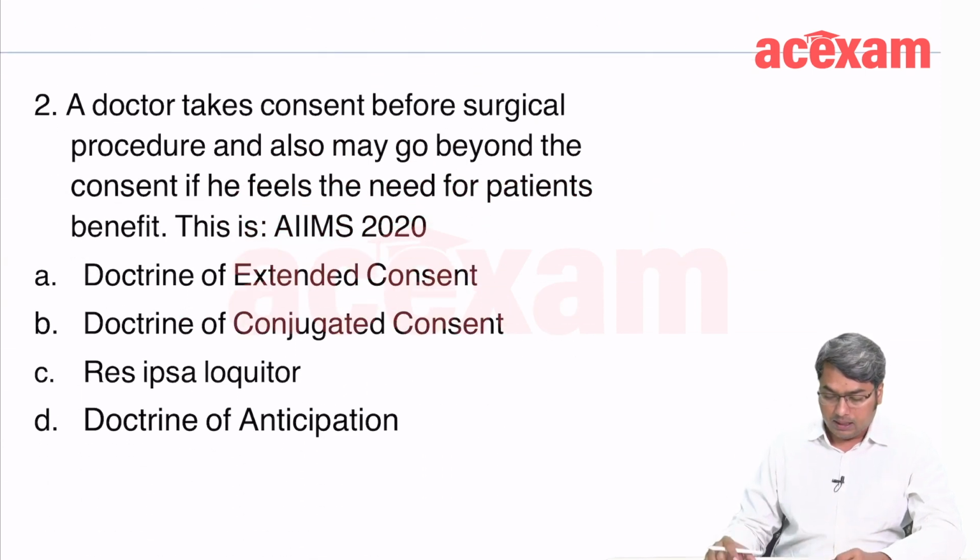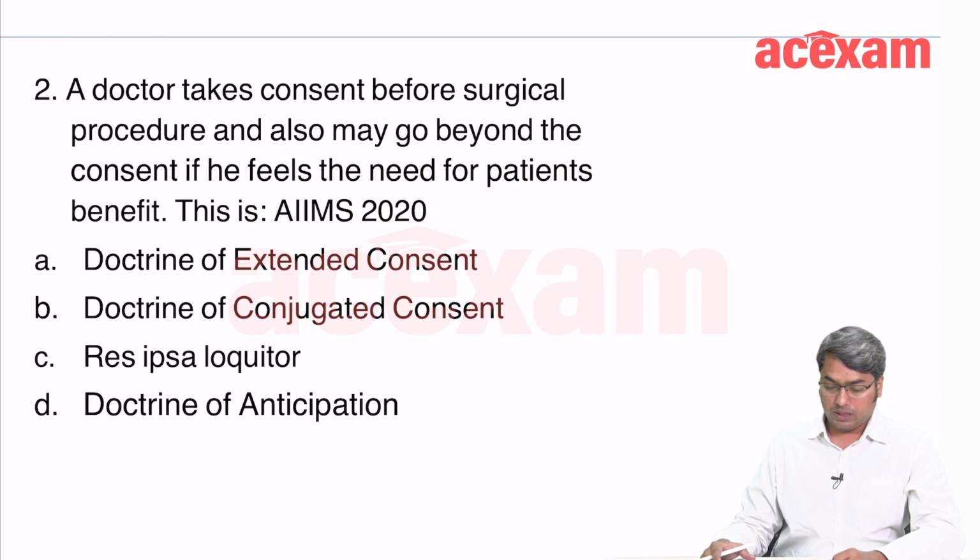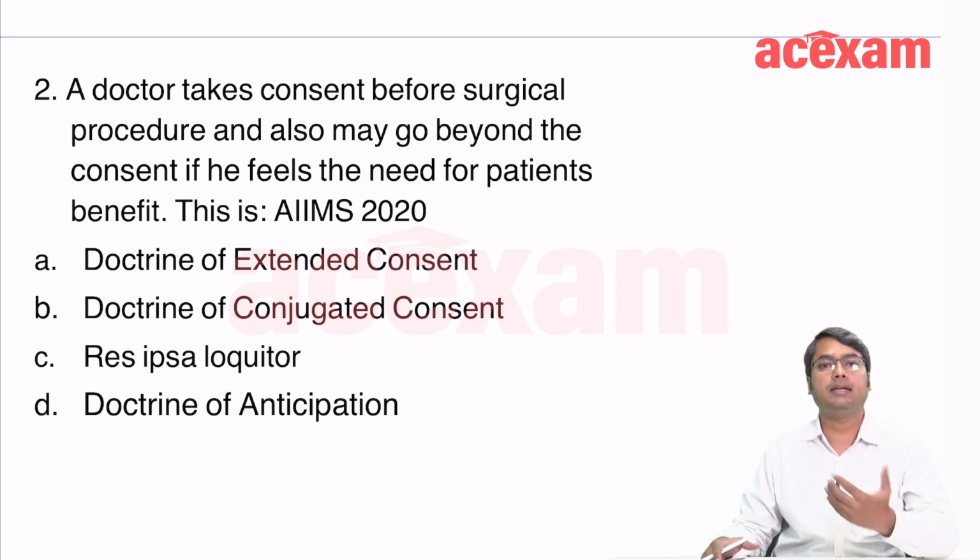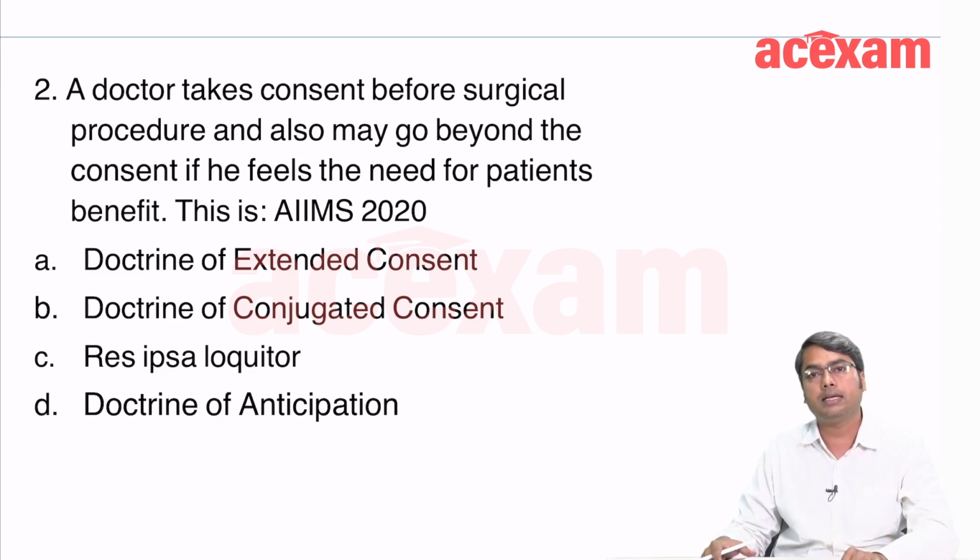Next. A doctor takes consent before a surgical procedure and also may go beyond the consent if he feels the need for the patient's benefit. This is known as the doctrine of extended consent. Suppose the doctor has taken consent for cholecystectomy and during operation he finds that there is some damage to the bile ducts as well. So he can also repair that along with cholecystectomy.